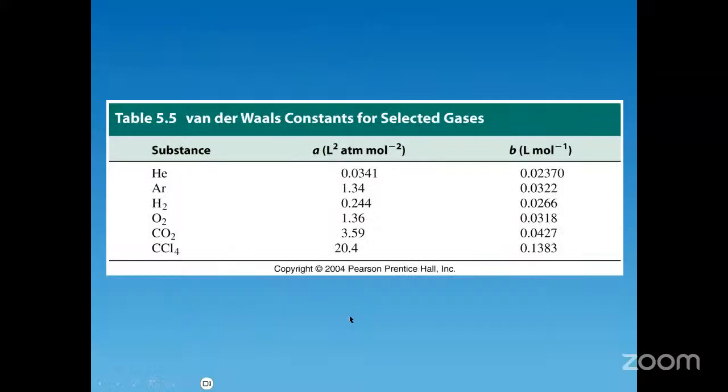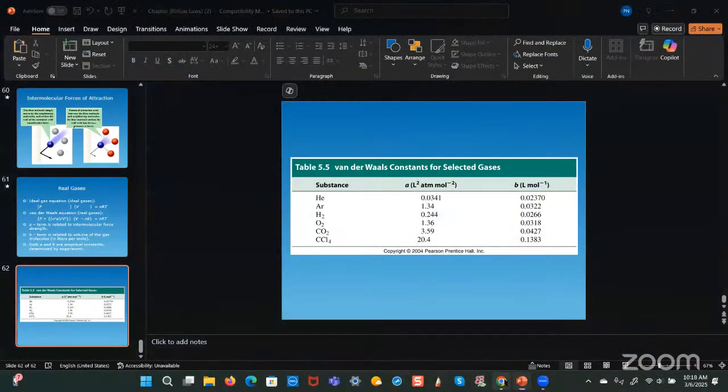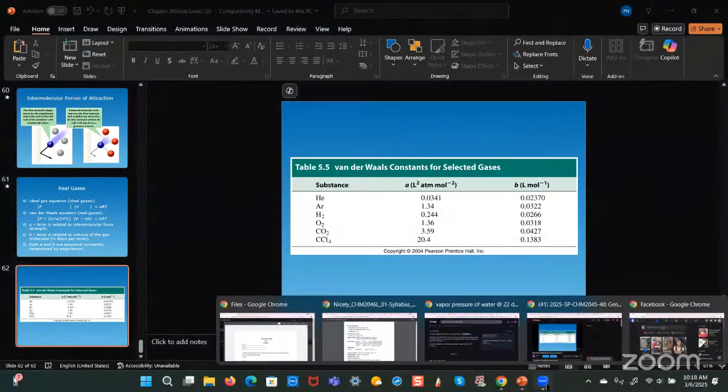Now, there's one graph which I thought I had here. Let me see if I can find it online, which shows you the difference graphically between real and ideal gases. I thought I had saved it on this, but maybe, you know what? Let me see if I have it on my phone right here.